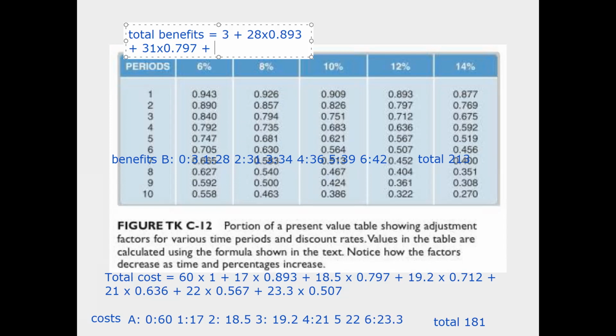Then we have 34 into 0.712. Then we have 36 into 0.636. Then we have 39 into 0.567. Then we have the last one, 42 into 0.500.